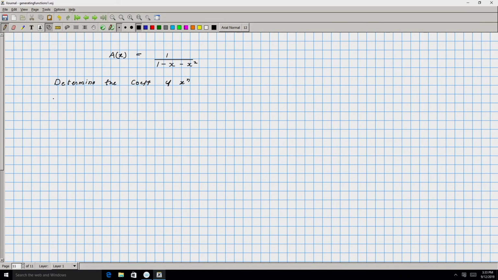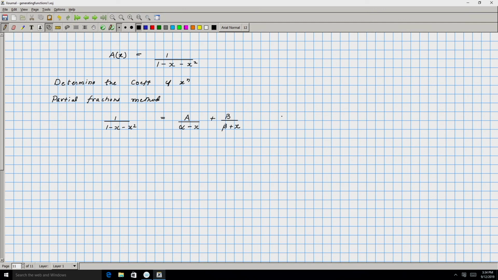So we will use the method of partial fractions. So we will write 1 by (1 minus x minus x square) as a divided by (alpha minus x) plus b divided by (beta plus x). Okay. Now a, b, alpha and beta have to satisfy some conditions.